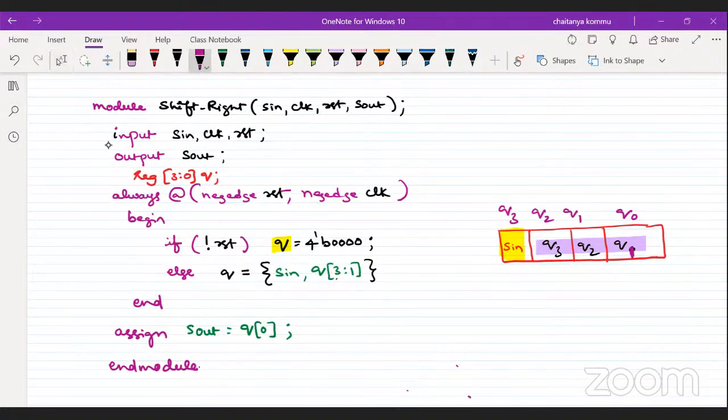So what can we call this? It is called the concatenation operator.